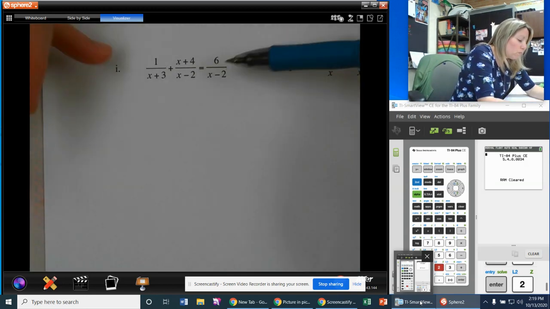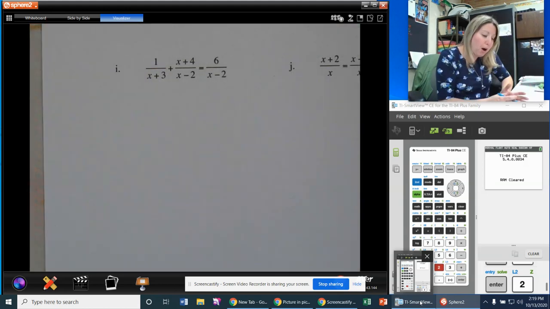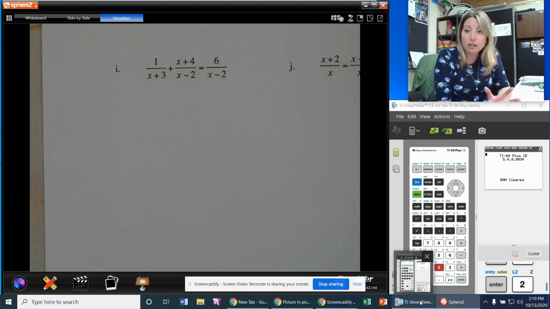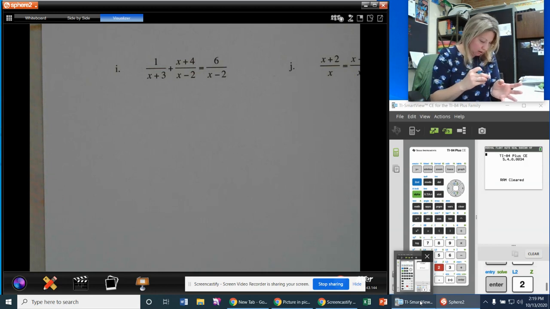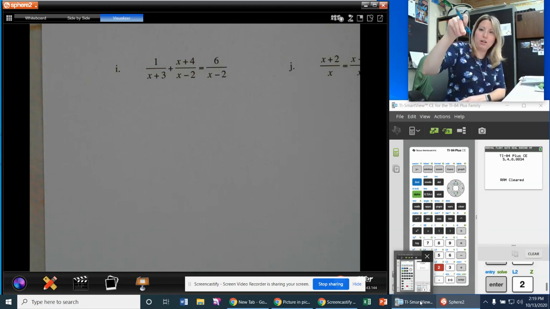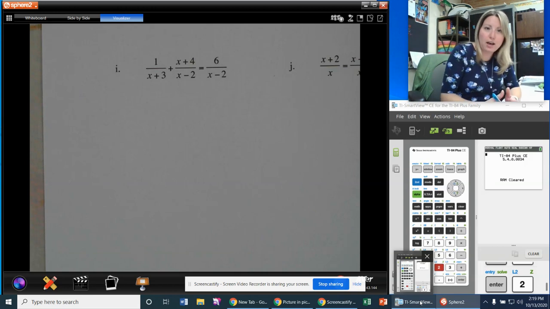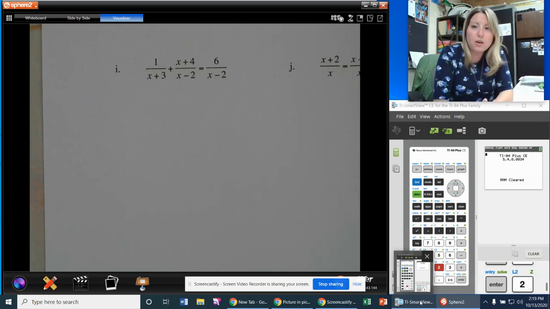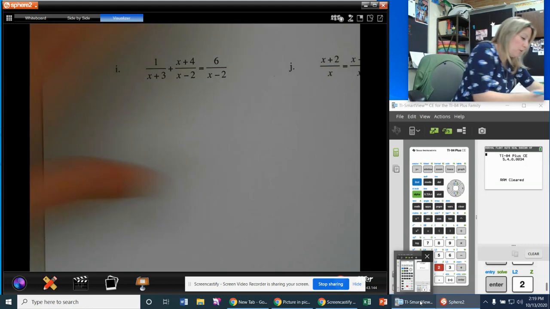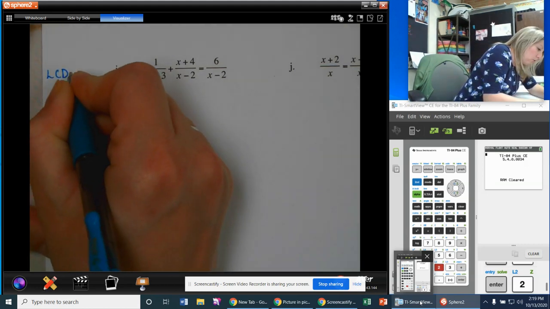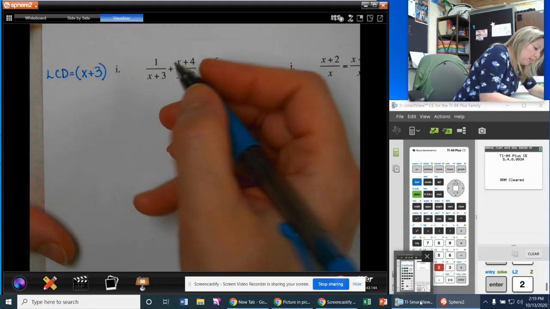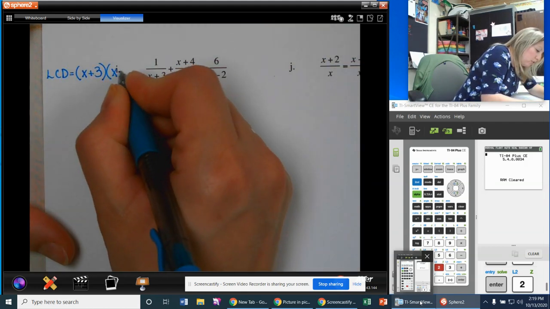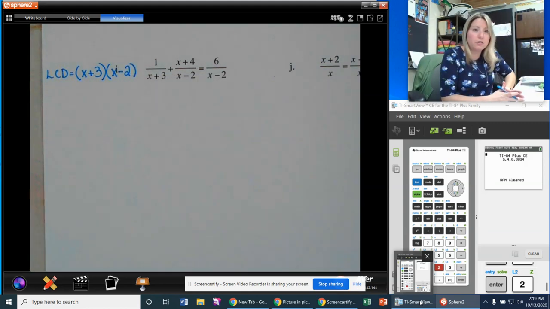If I see these binomials in my denominator, really just make each one part of the LCD, and that way you've got all the pieces that potentially are in a denominator taken care of. So your LCD is x plus 3 as one piece, and the other piece is x minus 2. Those are your two pieces of LCD.